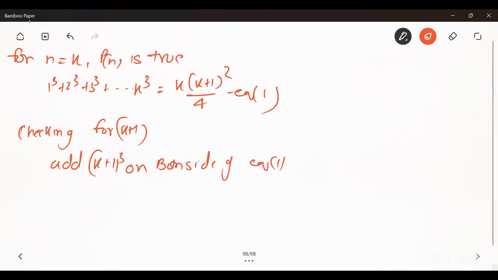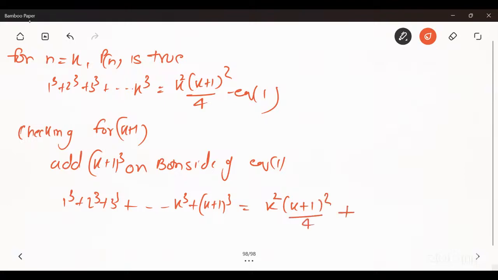Now if you add both sides, 1 cube plus 2 cube plus 3 cube plus dot dot dot k cube plus k plus 1 whole cube is equal to k square into k plus 1 whole square by 4 plus k plus 1 whole cube. Now if I take k plus 1 whole square as common, I get k square by 4 plus k plus 1.